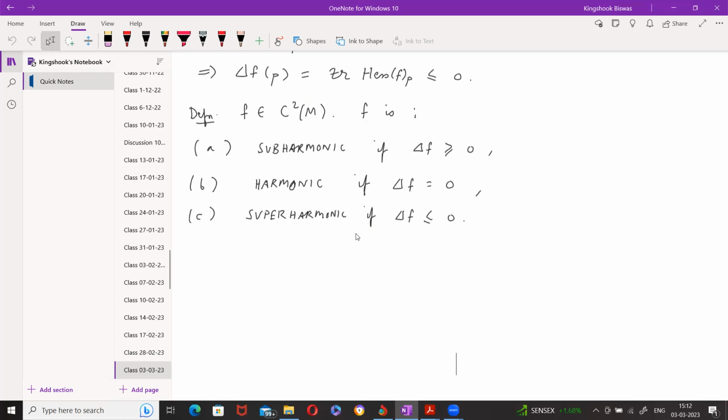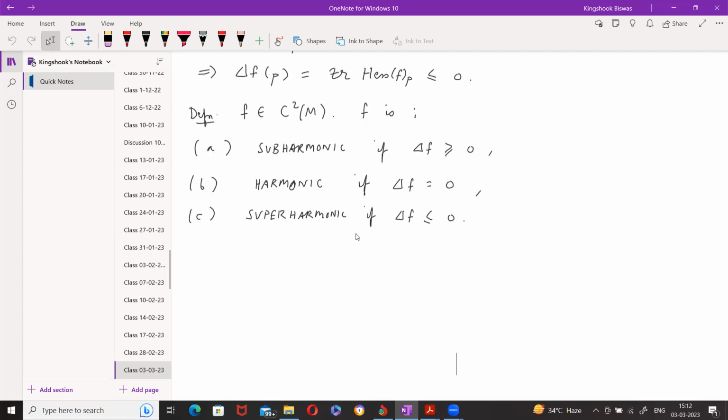Okay, but in a Riemannian manifold, the situation is a little more complicated. The functions don't satisfy the mean value property a priori in the same sense as in R^n. That is, for a harmonic function, the value at the center is not equal to the average with respect to Lebesgue measure.